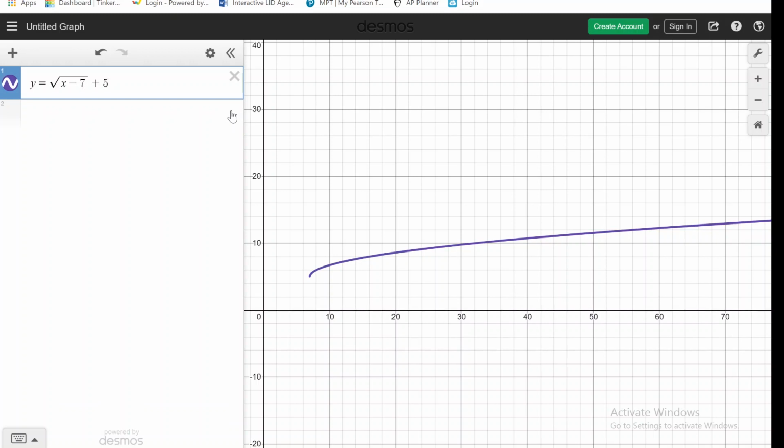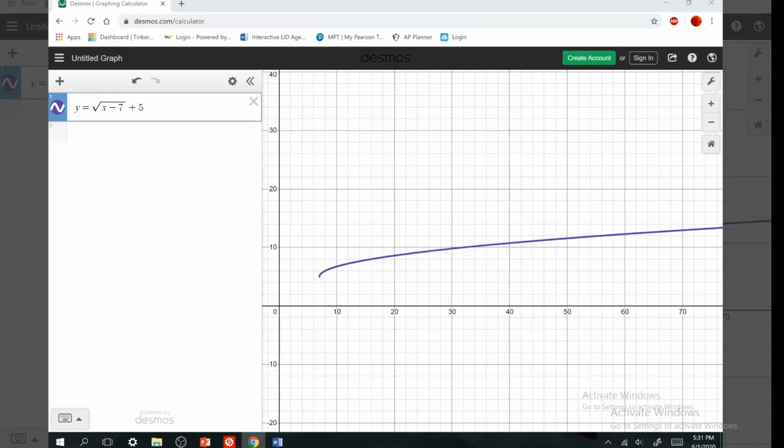Okay, and then the last thing to talk about, and something we're going to be talking about quite a bit more in this unit, even after today, is we're going to bring back this idea of domain and range.